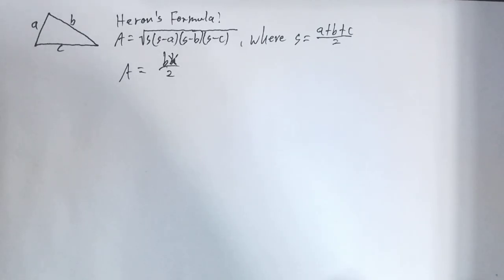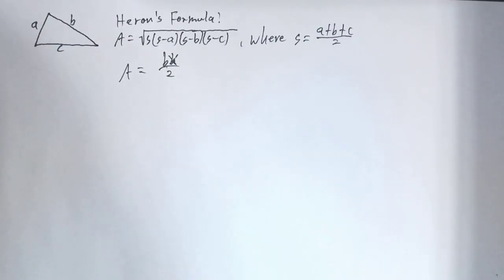But surely there must be some formula that we can conveniently use in which we just have to plug in all of the side lengths of a triangle and then we'll solve for the area of a triangle directly. Well, that's the magic of Heron's formula, right?